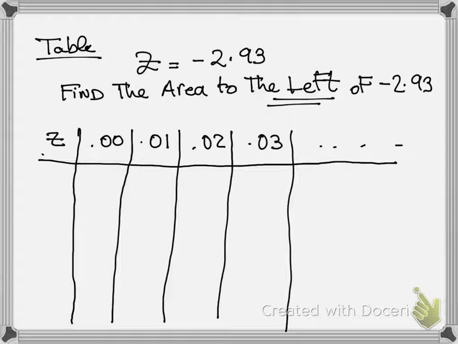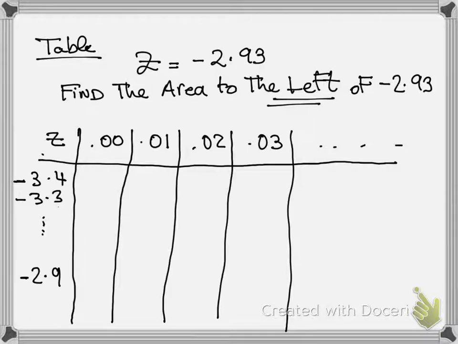Now, in the first column we have z, and then we have -3.4, -3.3, etc. And then at some point we have -2.9. Actually, the first row represents the value to the nearest hundredth.